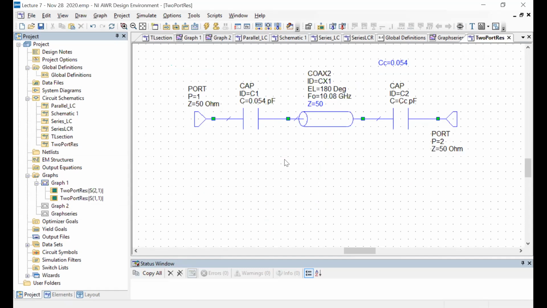Jay, can you tell me why this behavior? I mean, can you guess? So earlier when we were saying that at resonance, this is equivalent to just a 50 ohm load, the black box.